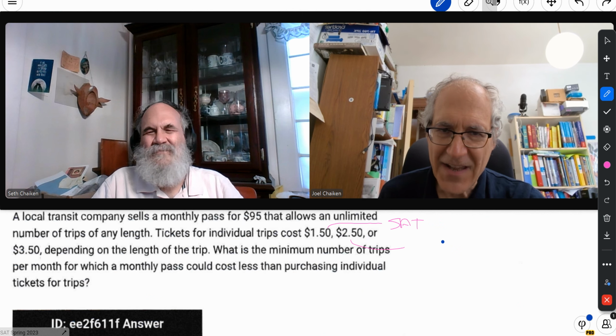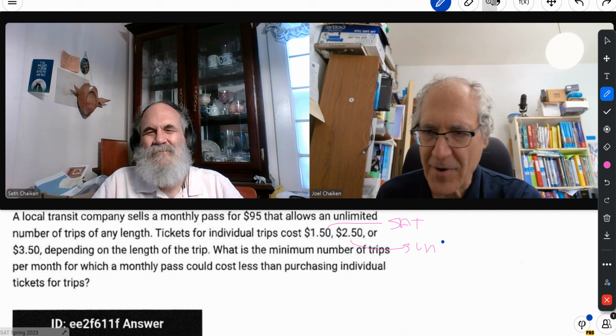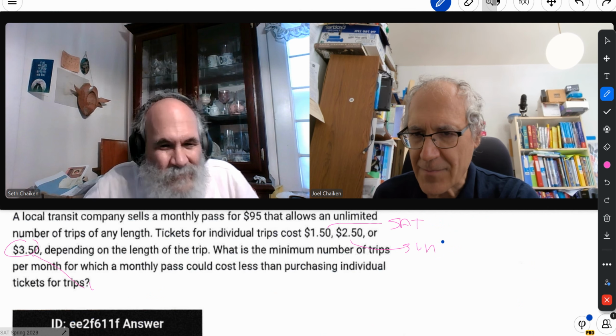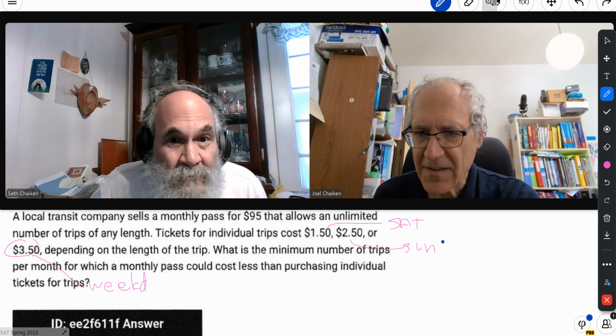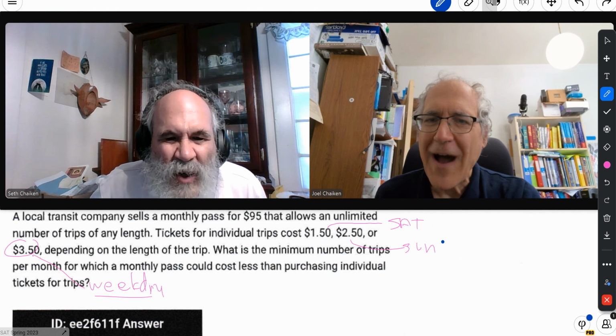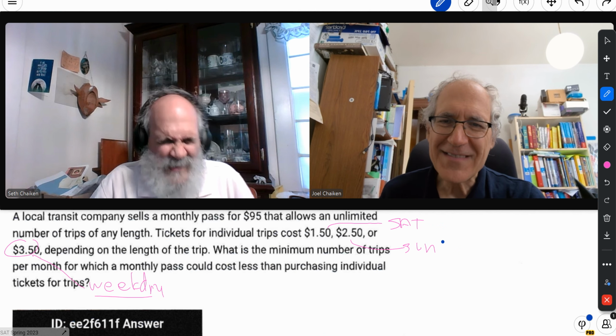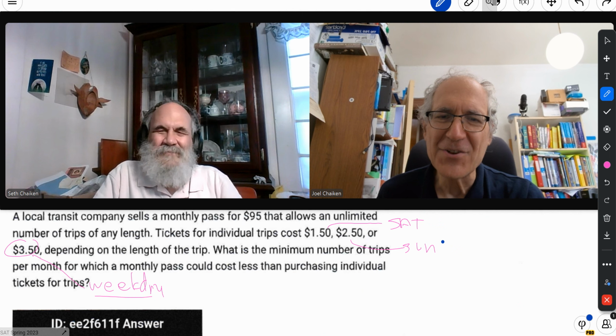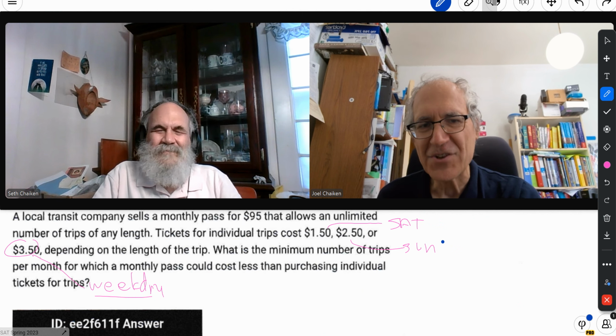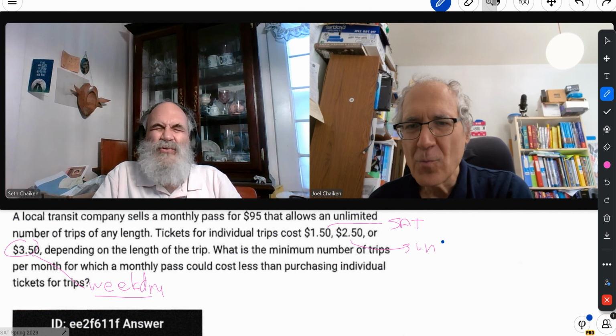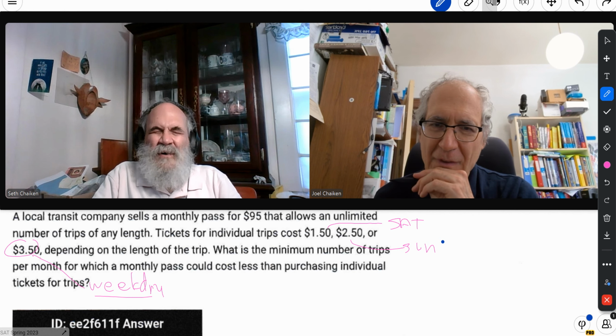This is the Saturday price, this is the Sunday price, and this is the weekday price. I'm making up the problem. You would say, well, I take 3 Saturday trips, 4 Sunday trips, and 12 weekday short trips.